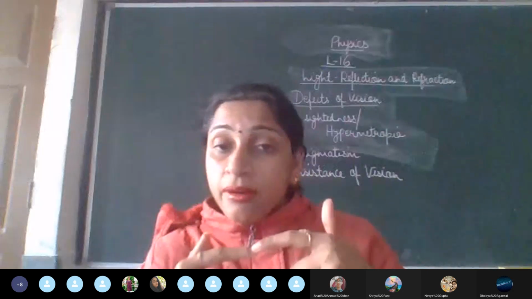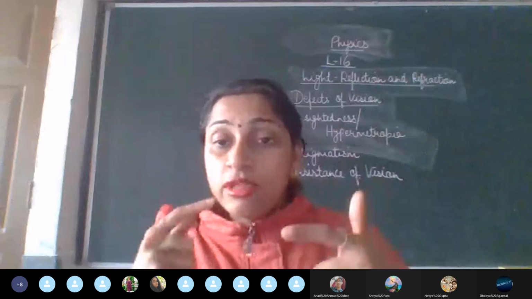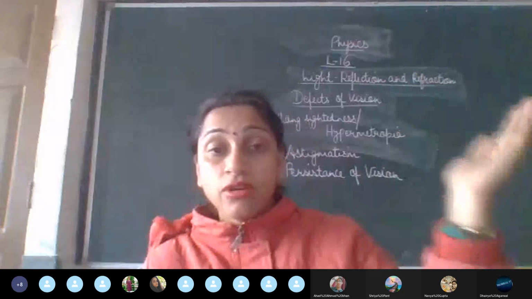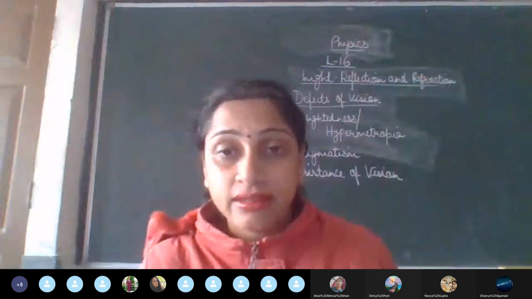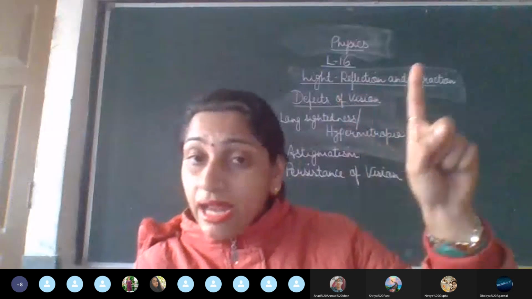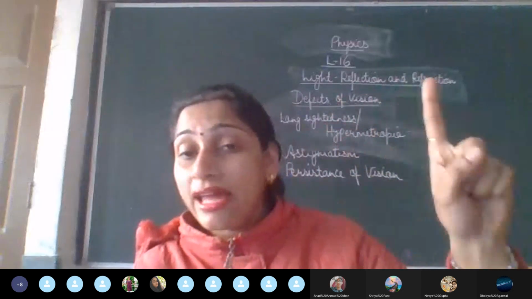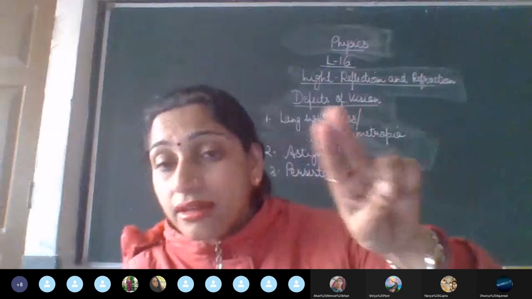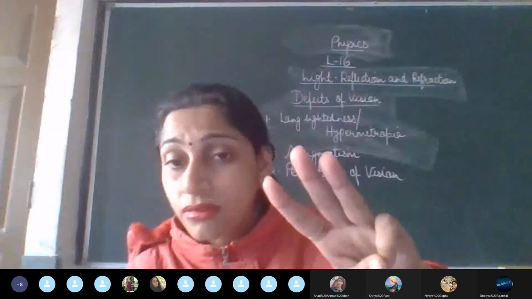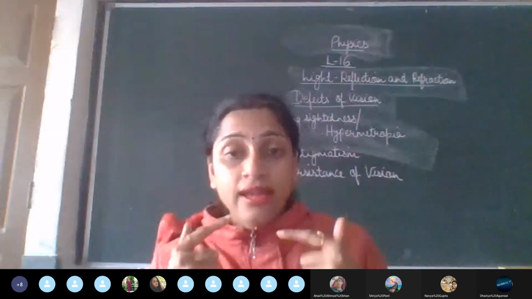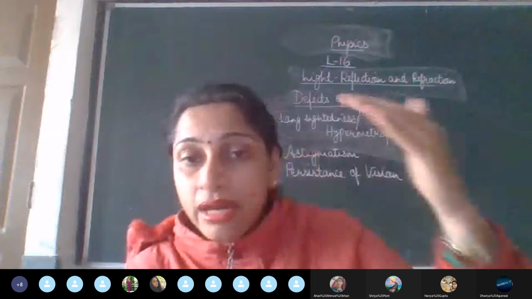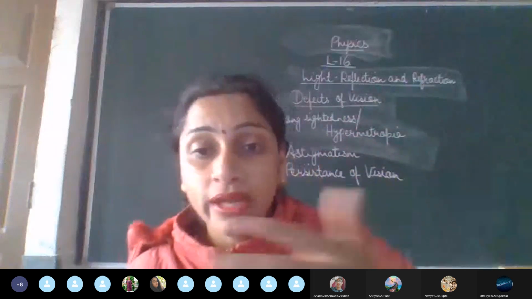If before that, 3, 4, 5, 6 objects are shown to you one by one, then since the image of the first object persisted and before it vanished you have shown the second, and before the second vanished you have shown the third, our eyes take them as images one by one and as moving.